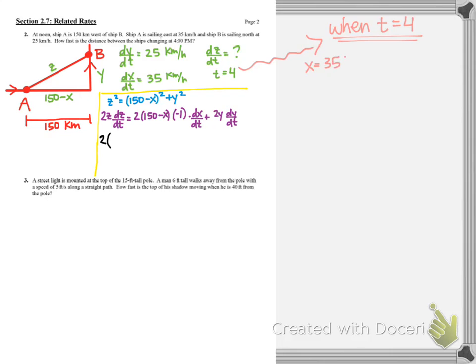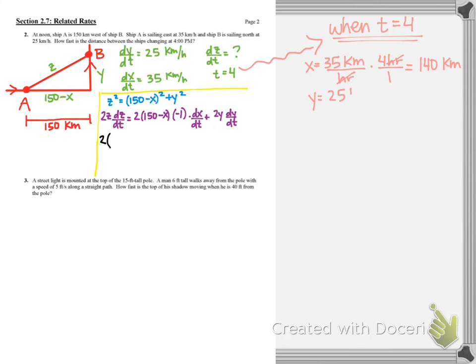At 4, ship A traveled 35 kilometers per hour. So after 4 hours, ship A would have traveled 140 kilometers.